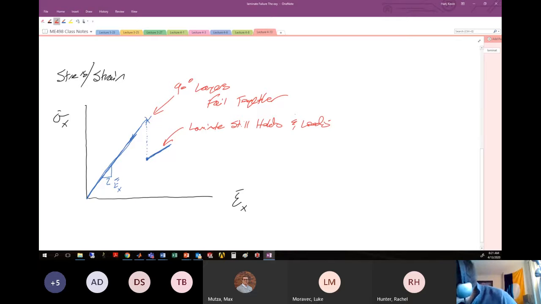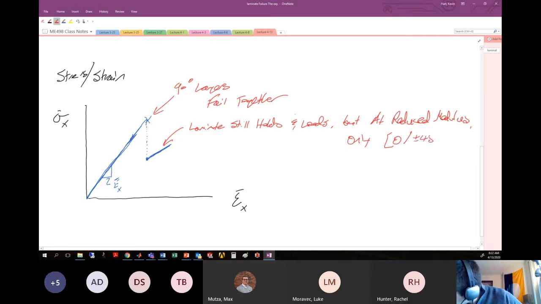It still holds load, but at reduced modulus. And that's only because the 0 and the plus minus 45 degree layers are alive. Those are the only layers that are now holding.